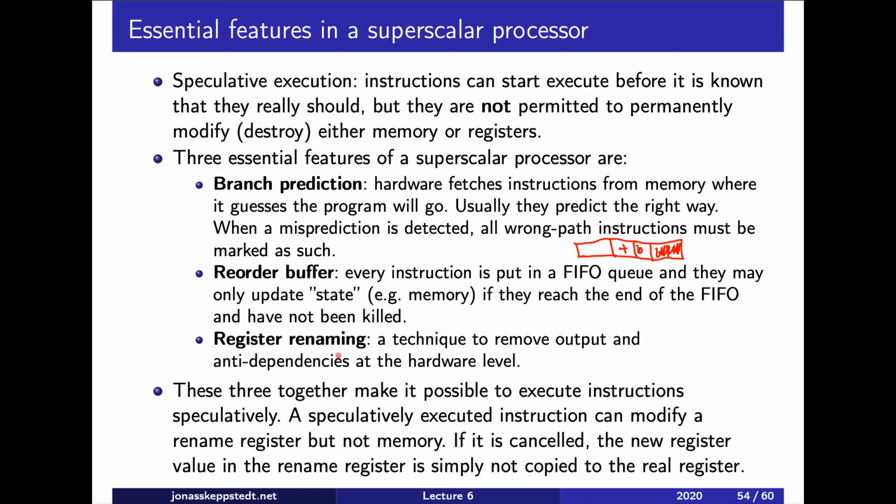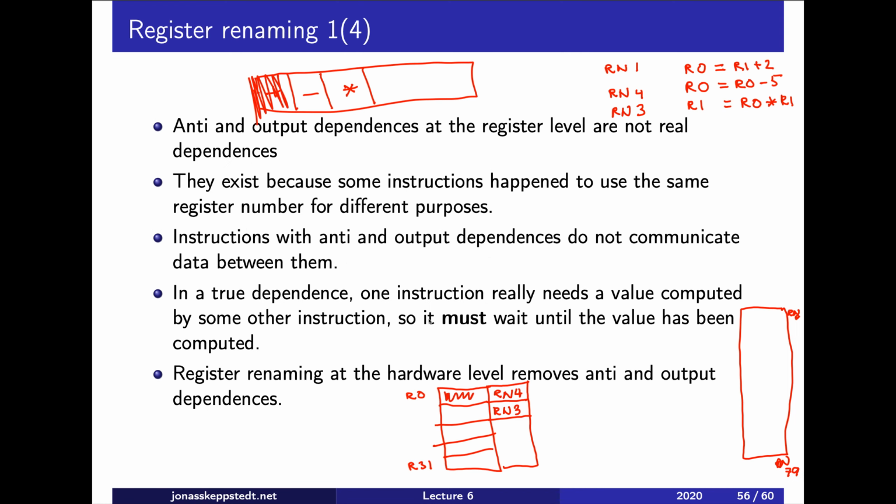And rename registers, temporary registers that can tell a later instruction where to look for the data. Okay, so when one instruction has updated its rename register, the pipeline will distribute the value to the instructions that are waiting for it.